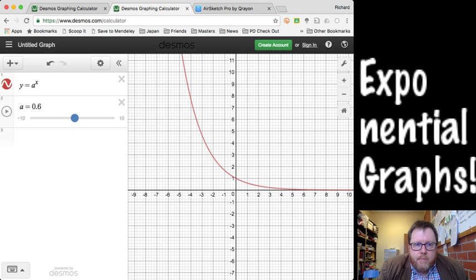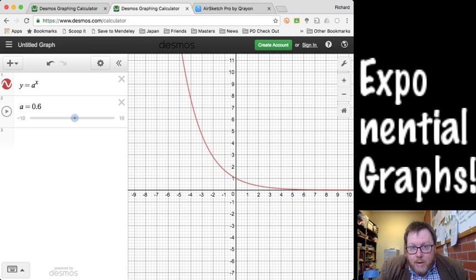Did you get that? When a is a fraction, it has the effect of flipping the graph. Notice that it still goes through 1. That should make sense to you, I hope. It goes through 1 because a fraction to the power of 0 is still 1.